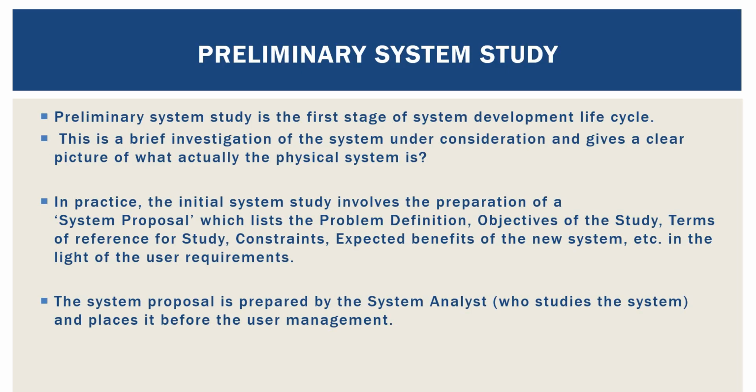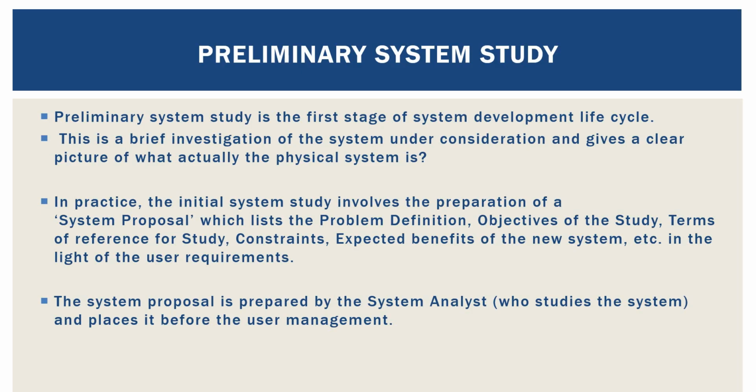That's the deliverable. And the system proposal lists the problem definition, the problem that you have identified. It also lists the objective of the study, terms of reference for the study, constraints, expected benefits of the system, and so on. And all this will be done in light of the user requirements. Why in light of the user requirements?